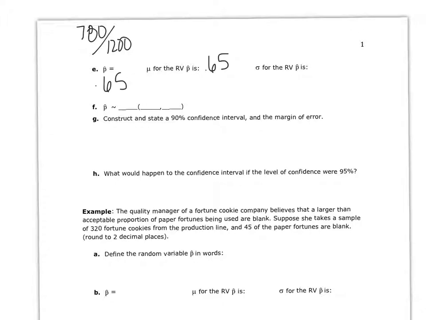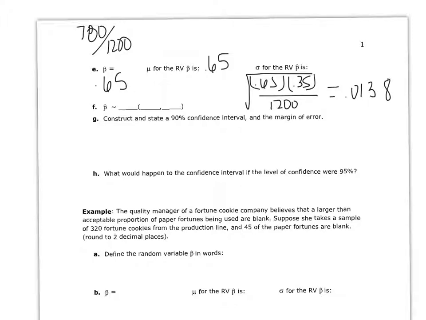And the standard deviation we are going to get by taking the square root of 0.65 times 0.35 over n, which is 1200. So we're just taking p hat times q hat, dividing by n, taking the square root, and that gives us a standard deviation of 0.0138.